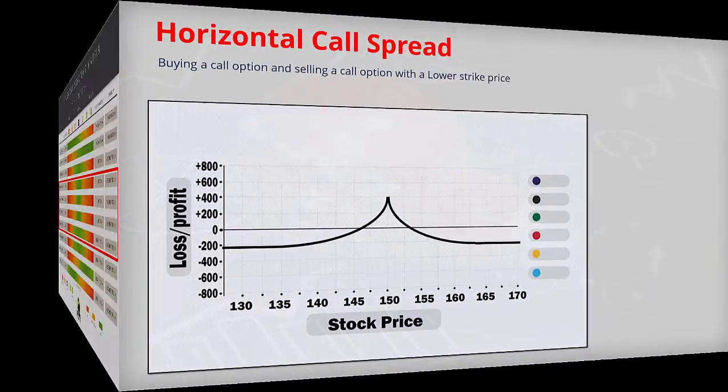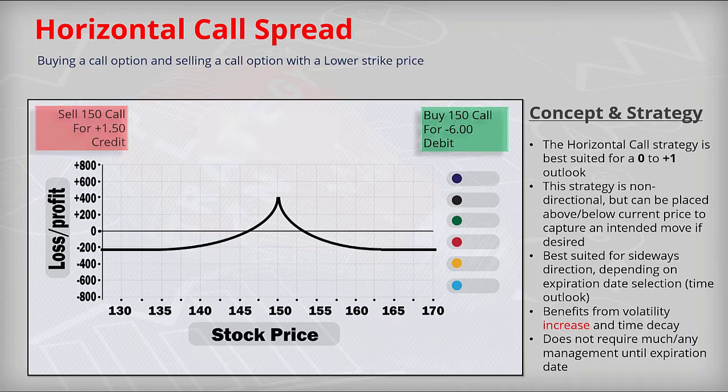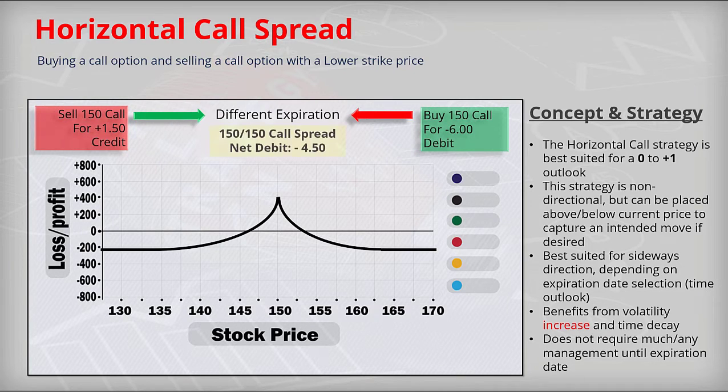But let's just take a look at these strategies side by side. So here we have the horizontal call spread. And on the horizontal call spread, you simply have, I call it the tent. Now, I don't know if that's the right thing to call it, but I call horizontal spreads or calendar spreads the tent.